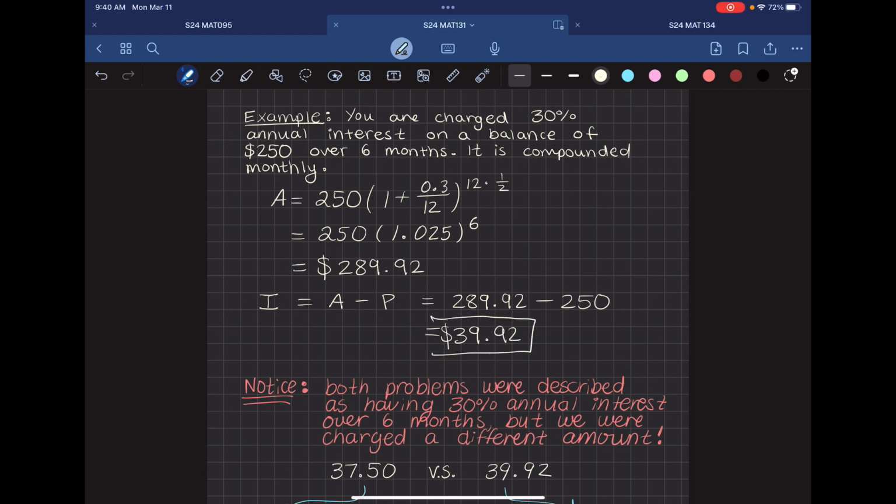And so the interest that we earned is $39.92. And so notice, they're not off by that much, but when we had simple interest, and then when we looked at compound interest, the interest that we earned is different.